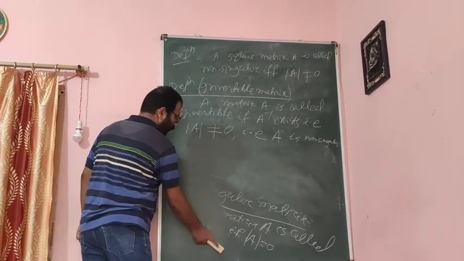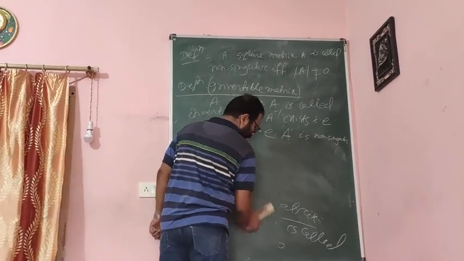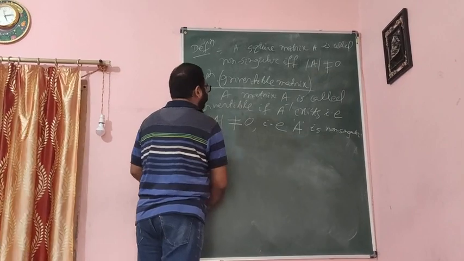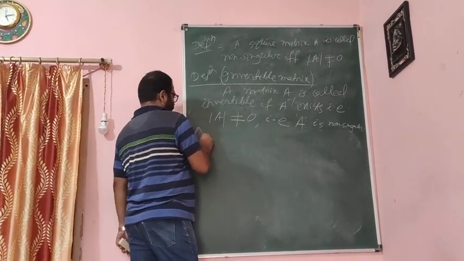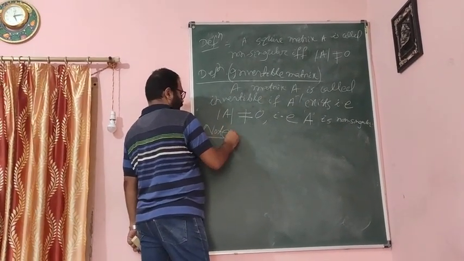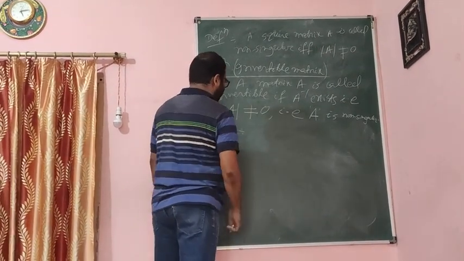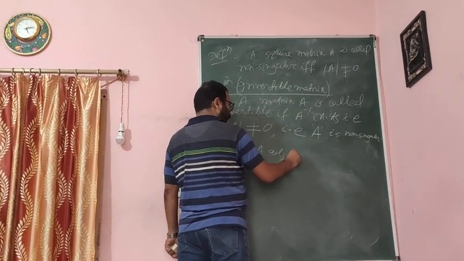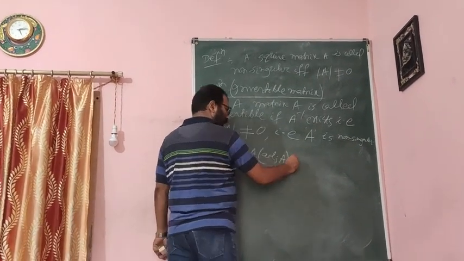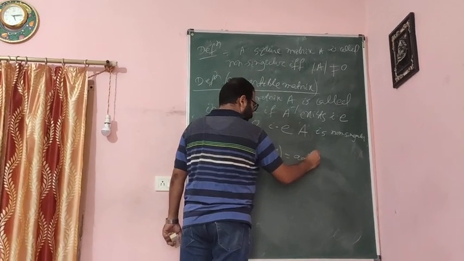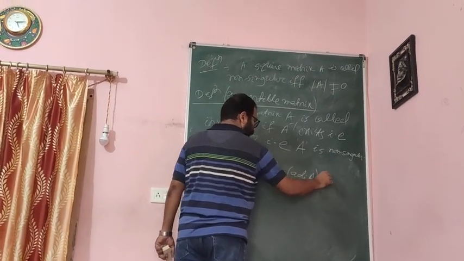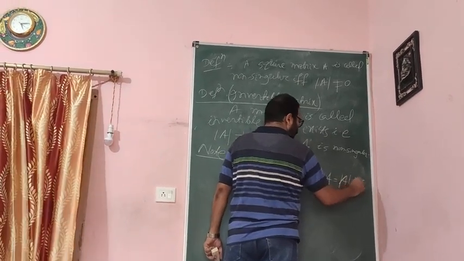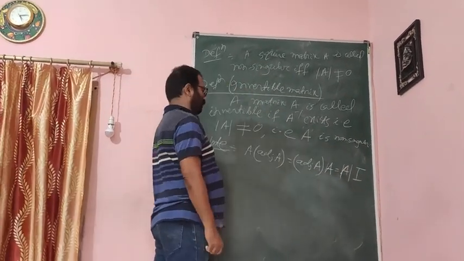Another note for you, a very important note: A into adjoint of A equals adjoint of A into A, and this equals determinant of A into I. This is the most important formula you have to learn.